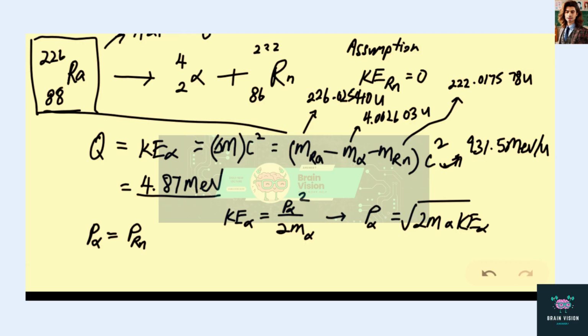Now we have all the values that we need. We just have to substitute the various masses in. The mass of the alpha particle we already have, and the kinetic energy we already have.